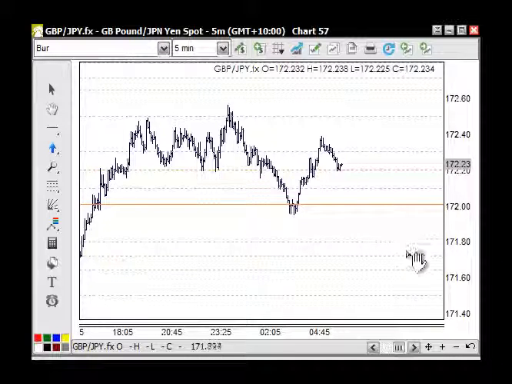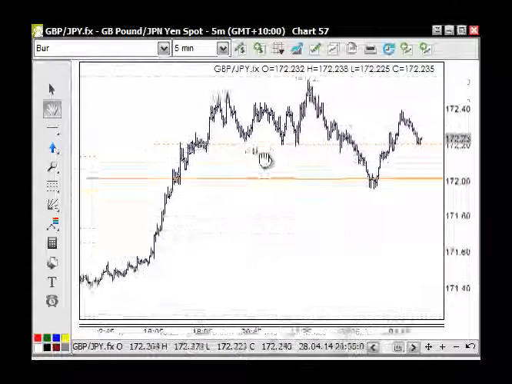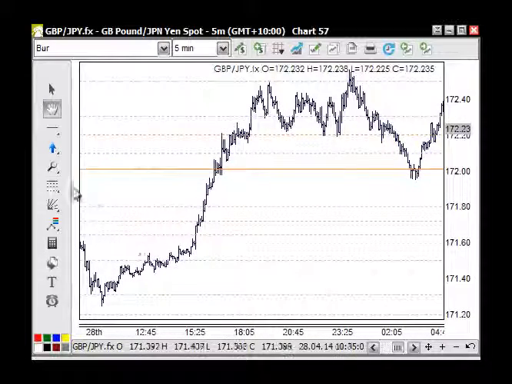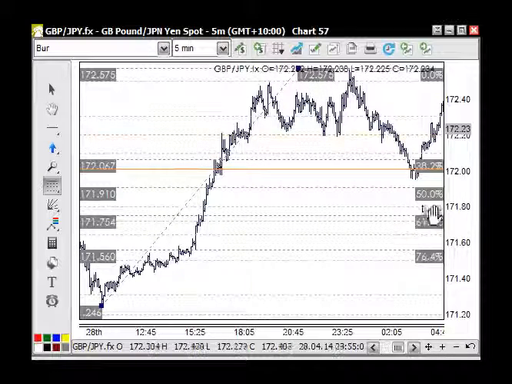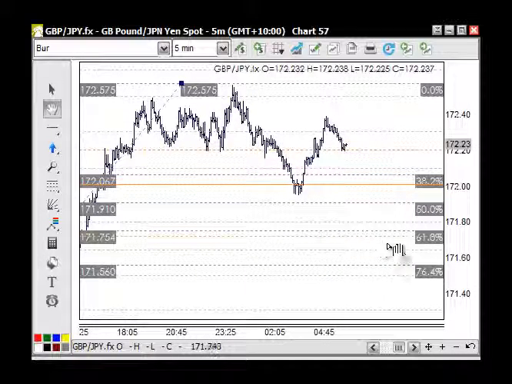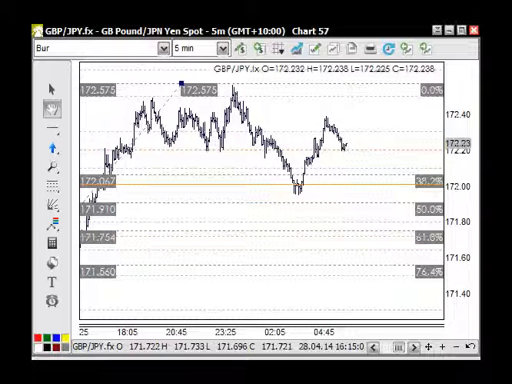Well, we could look at it in terms of the 50-60% retracement level from here, which comes into group 2 here. So that's all pretty good within this range here. It would be nice if it comes down through here and then gets back up through there.